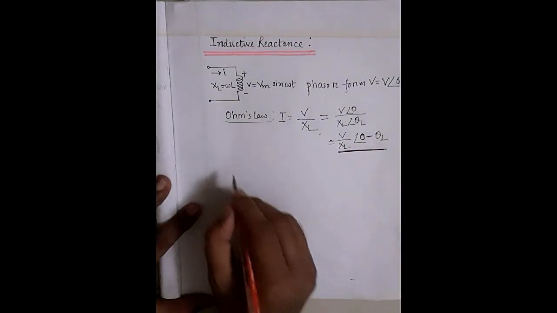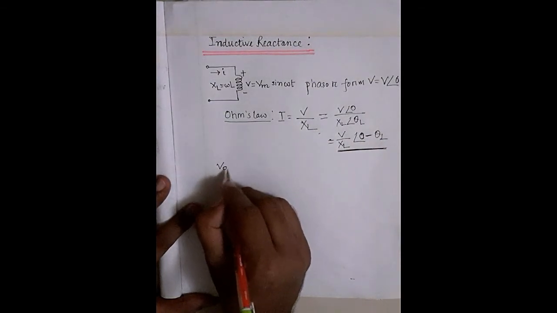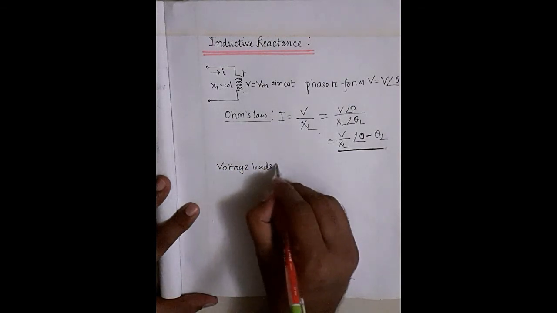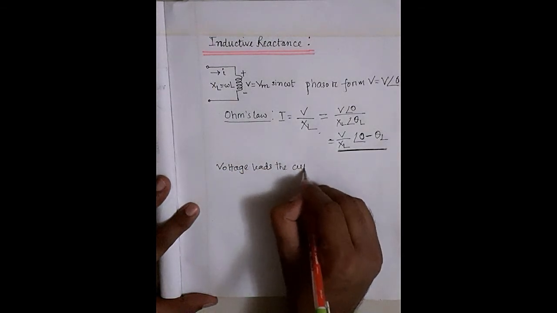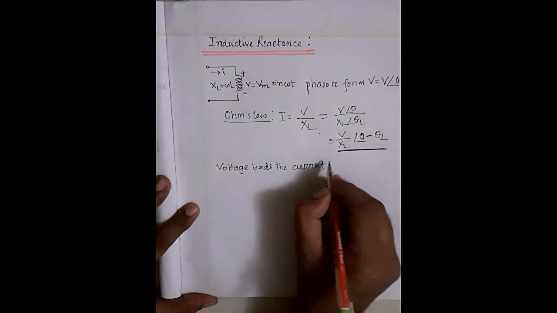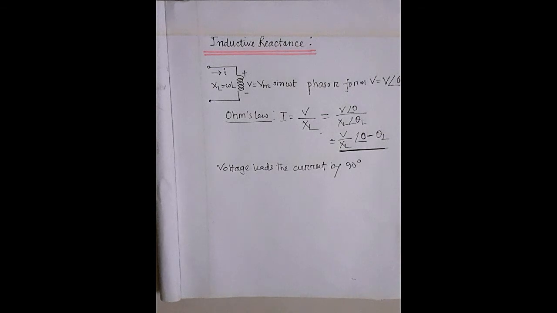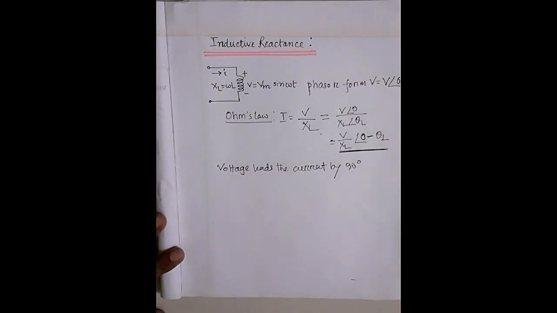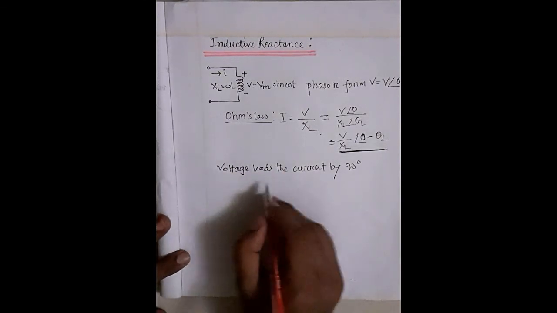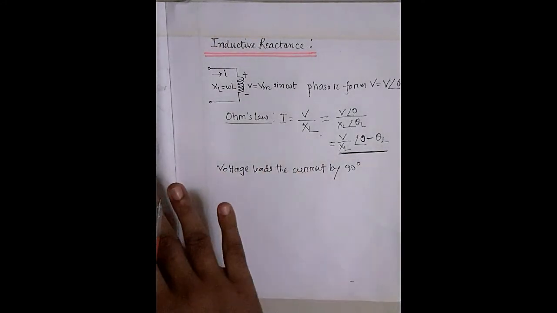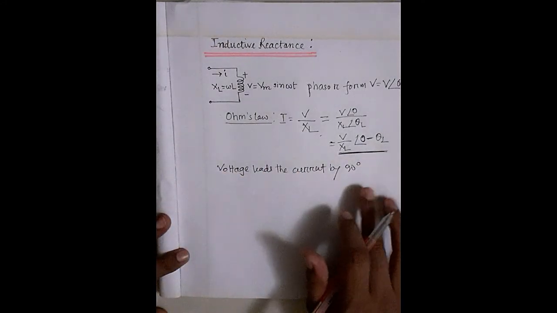But in the inductive case, we know that voltage leads the current by 90 degrees, right? You need to remember this one. It's a thumb rule. V leads the current by 90 degrees. Or in other words, we can say I is lagging the voltage by 90 degrees.